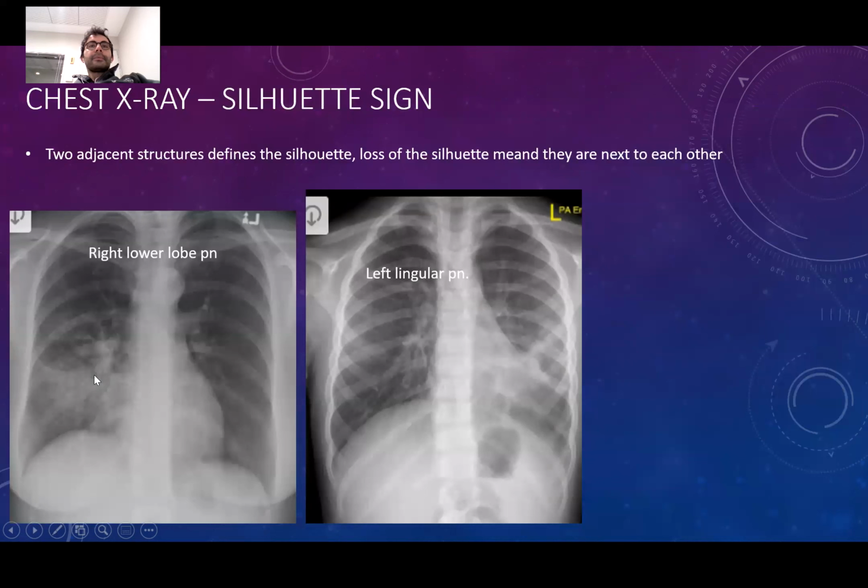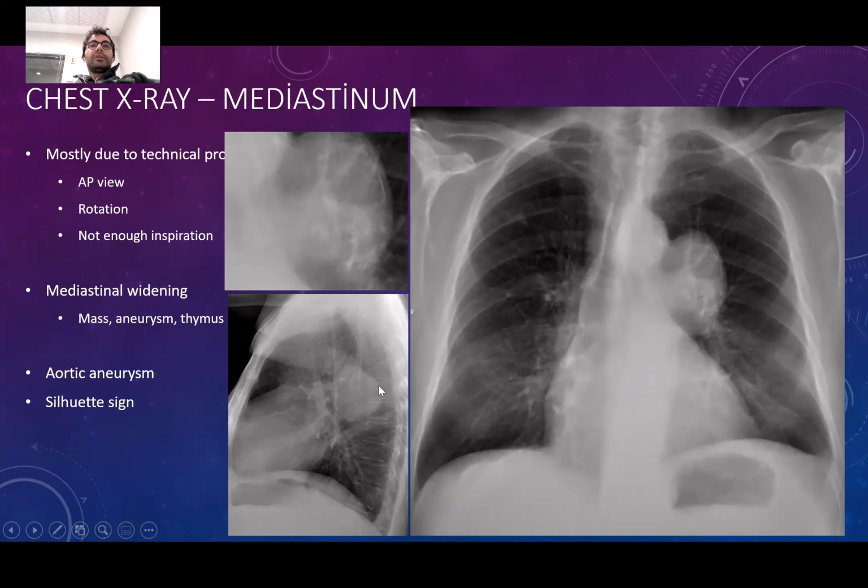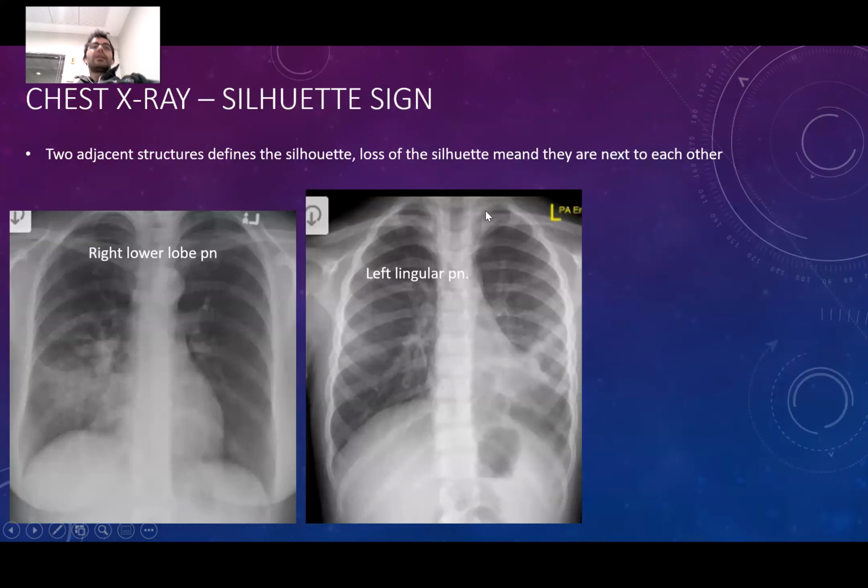All right. So I want to speak to you about the silhouette sign. I will come to this later. Again, this is not very related to our area, but in order to differentiate the location of the lesions, we can use this sign. When two things are sitting right next to each other, they are obscuring their borders.